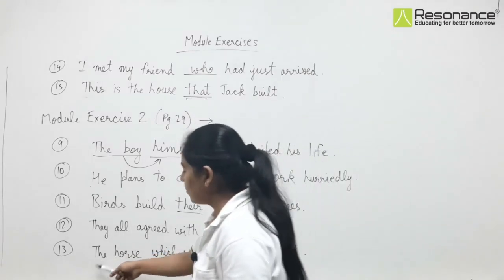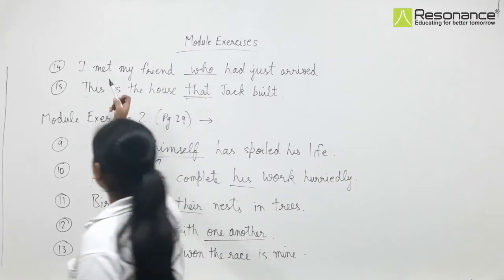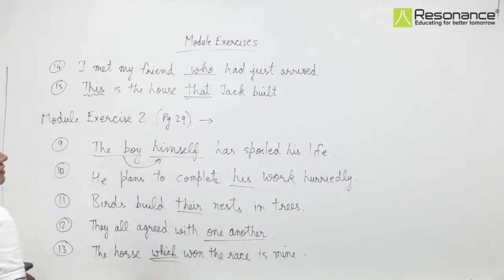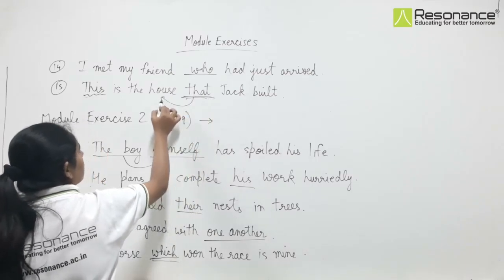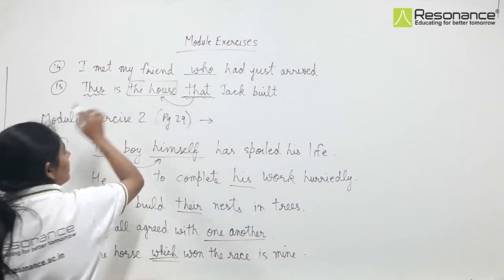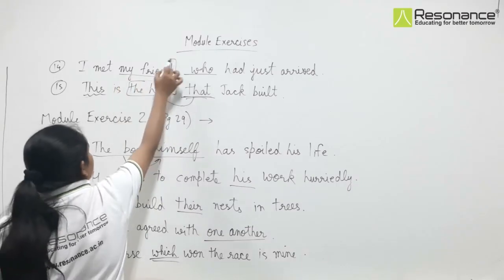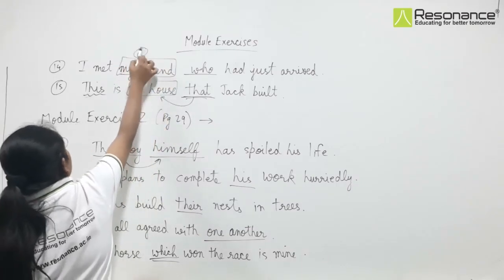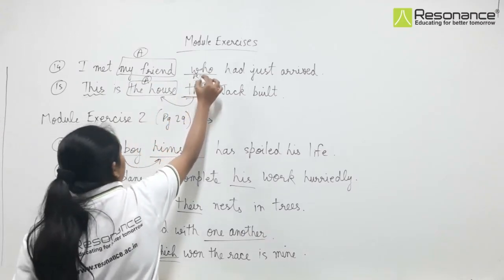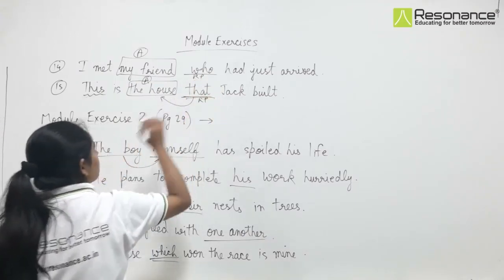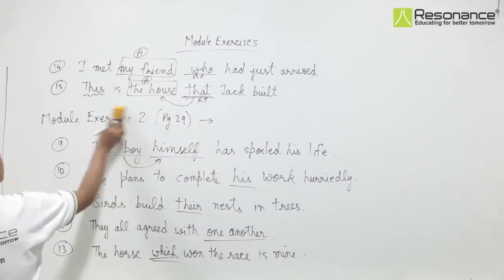Here in the earlier question we did not point out, but here we are pointing out. You have used a demonstrative word this, so we then expressed it with relative pronoun that. That house. What is the antecedent? House is the antecedent. Above, my friend was the antecedent. Okay? Got it? And these are relative pronouns. Got it? And the last one.